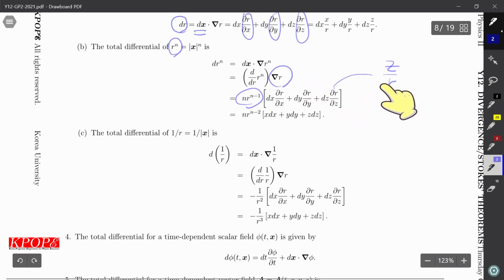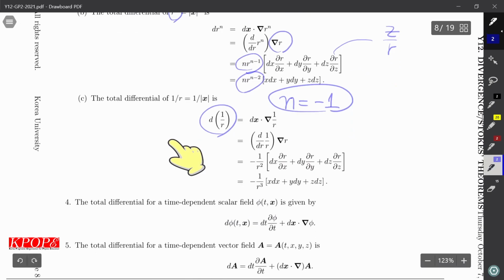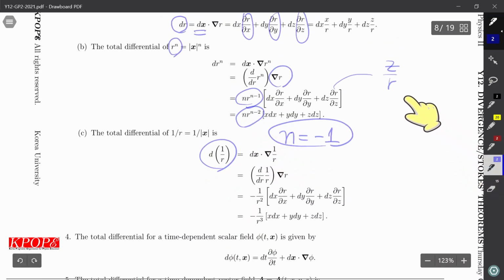We factor this 1 over r to have n minus 2, x dx, y dy, and z dz. What happens if I substitute n equals minus 1? Then the total differential is 1 over r. That is closely related to the electrostatic potential. We can substitute n equals minus 1, or we can compute separately, independently.